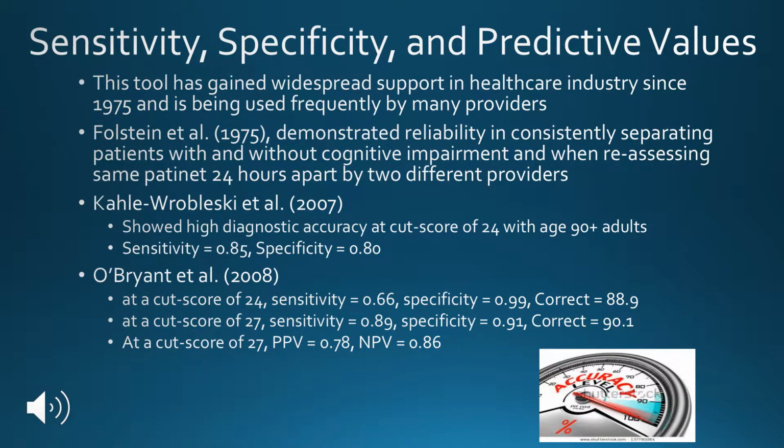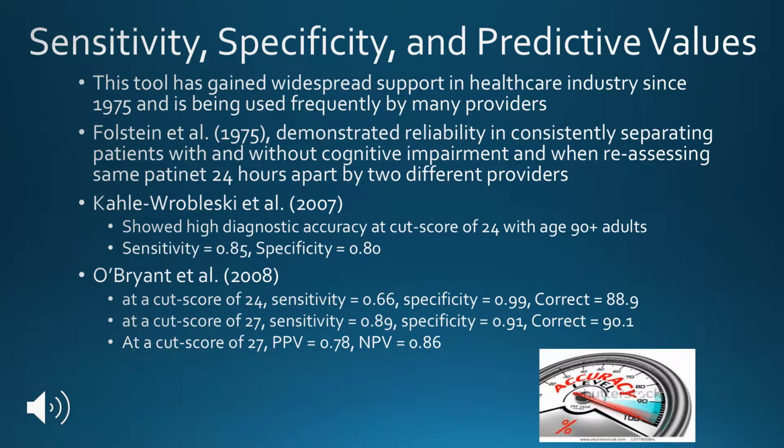In regards to the sensitivity, specificity, and predictive values for the MMSE, this tool has gained widespread support in the healthcare industry since 1975 when it was created, and it is being used frequently by many providers.